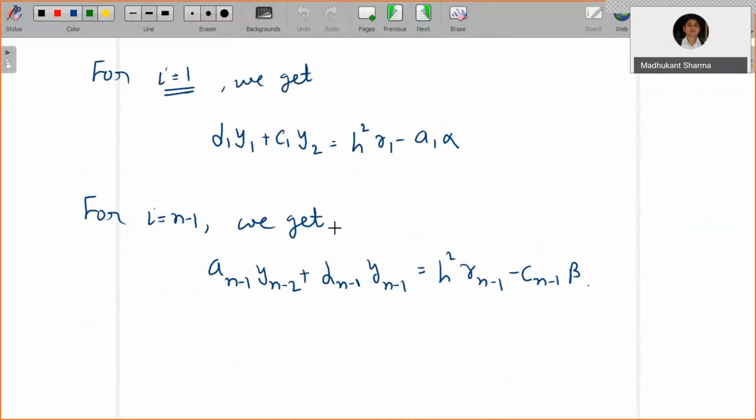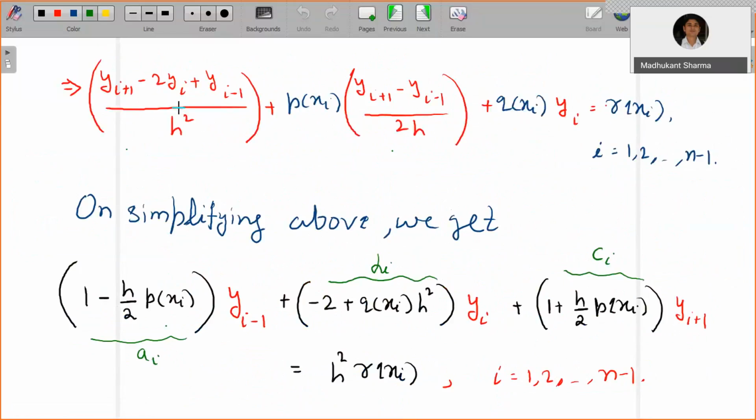We are going to replace i equals 1 in the original equation. So what you will get is a1 y naught plus d1 y1 plus c1 y2 is equals to h square r at x1.